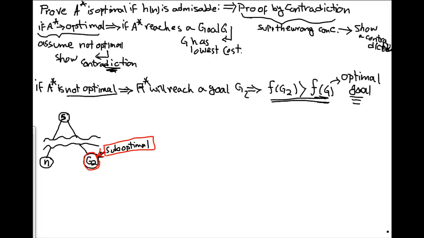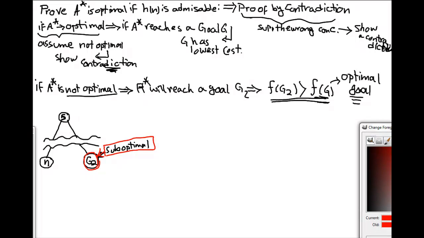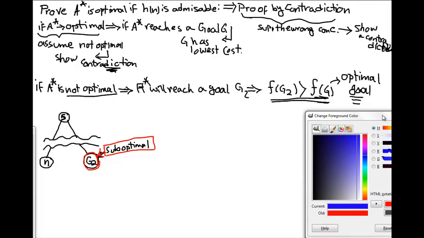To show that, I'm going to look at a path to an optimal goal. G, right here, is my optimal goal.